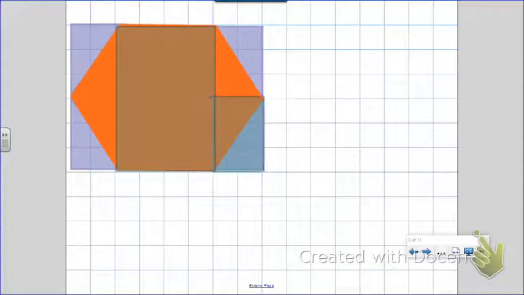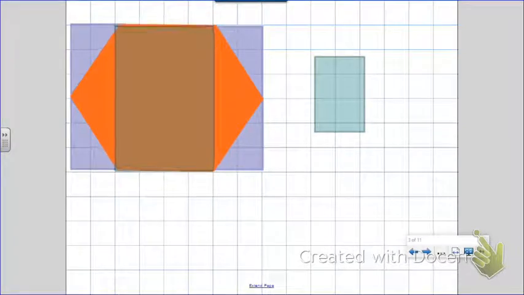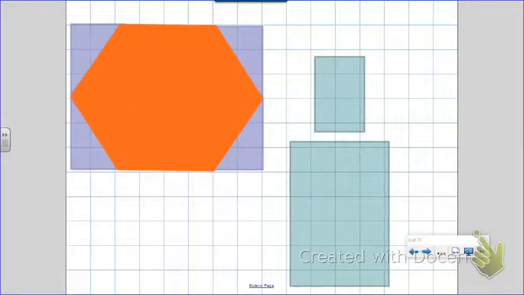So we have 3, 6, 9, 12, looking at the orange shape of the pieces. Plus, we have a 4 by 6, so 24, plus 12 will give me a total.